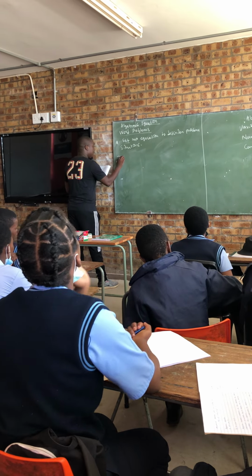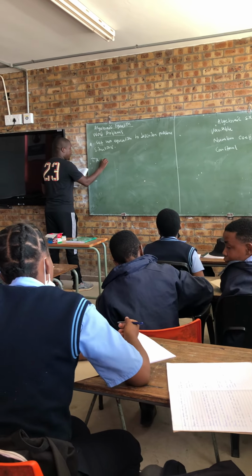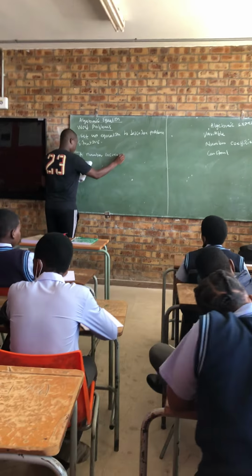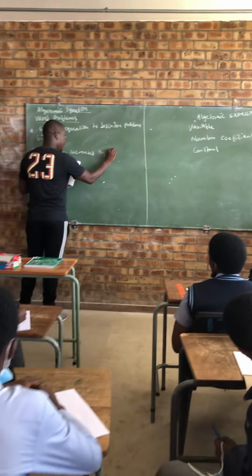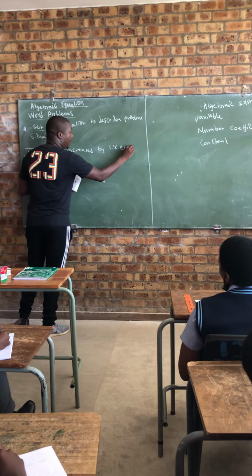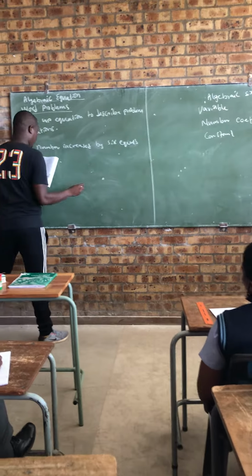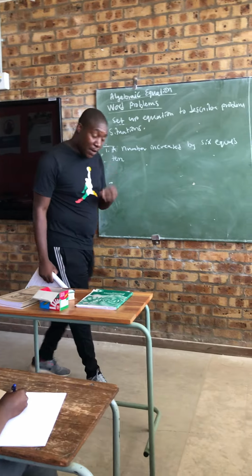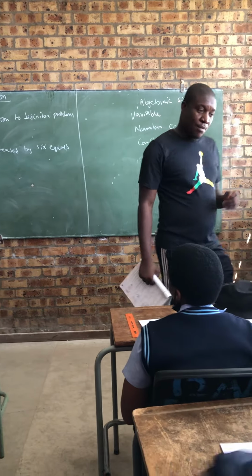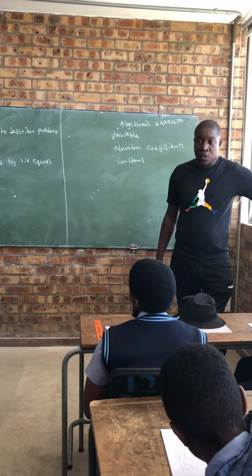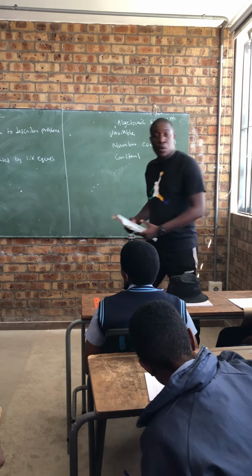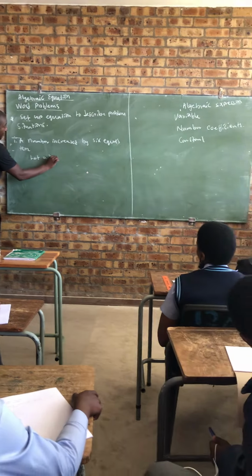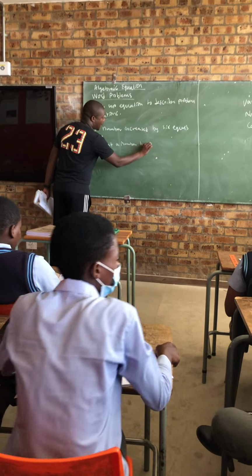A number increased by 6 equals 10. So a certain number that is unknown is increased by 6 equals 10. We take the number as x. Then we say let a number be x.